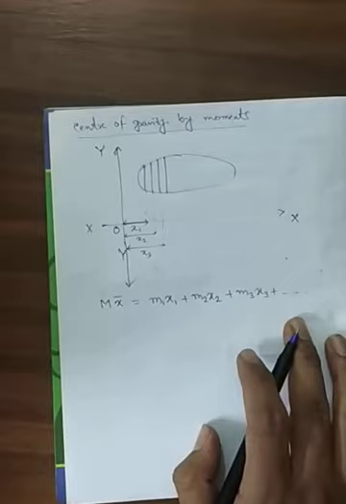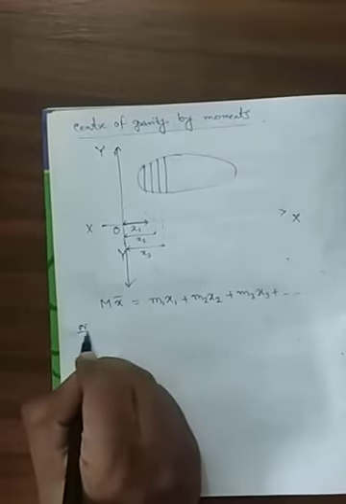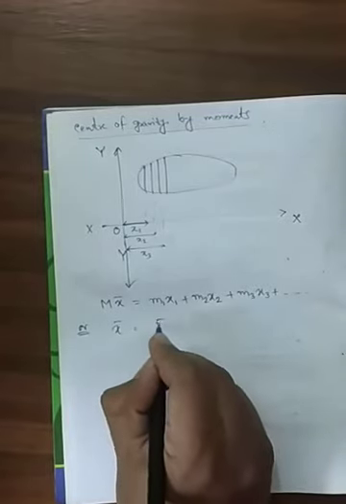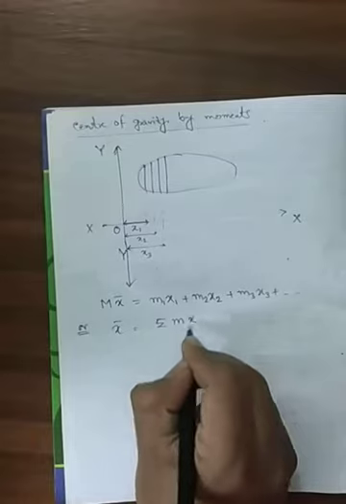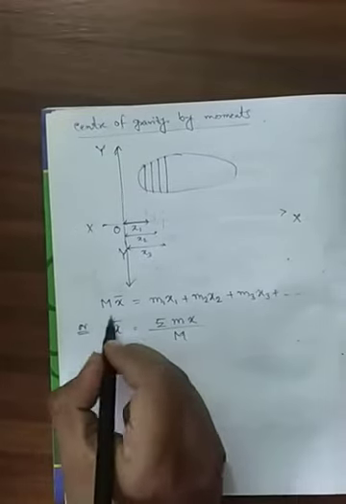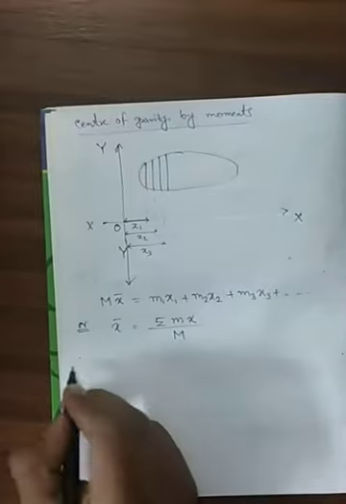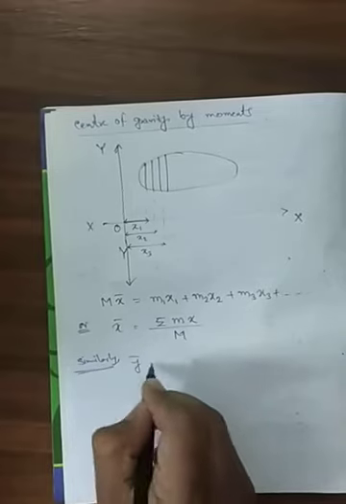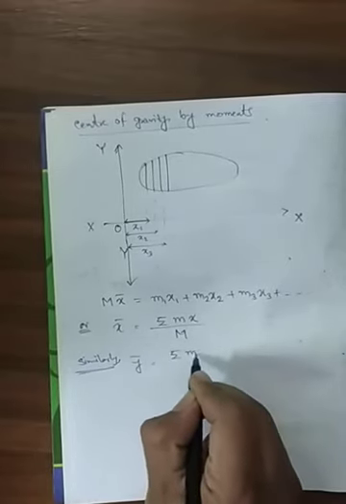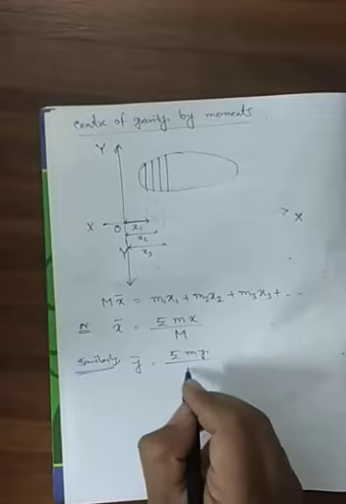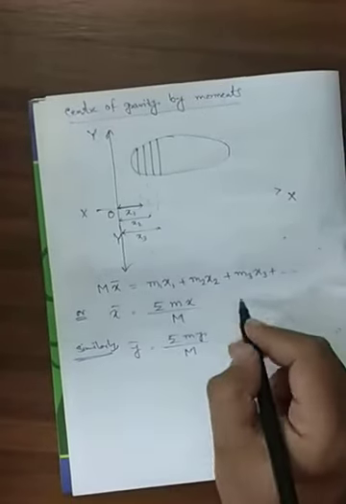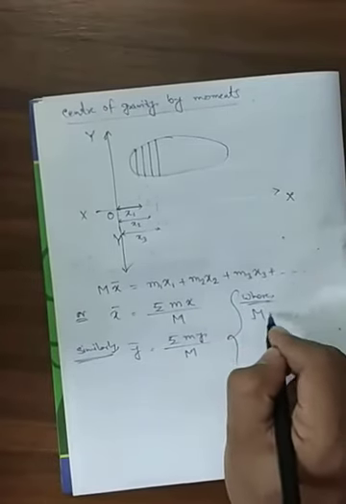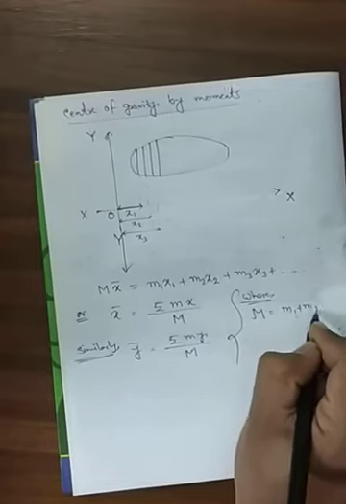So from here x bar is equal to the summation of mx divided by M. Similarly, for y bar it is the summation of my divided by M, where M is equal to m1 plus m2 plus m3 and so on to mn.